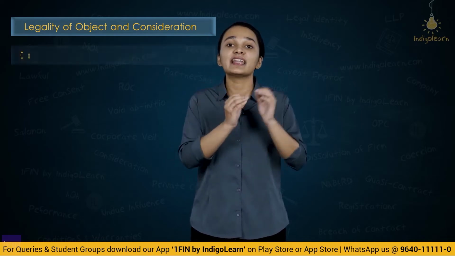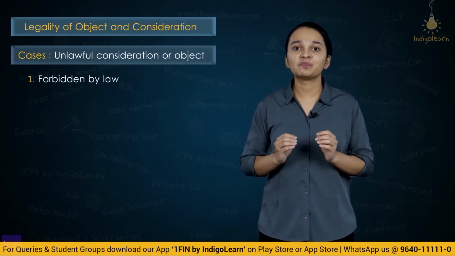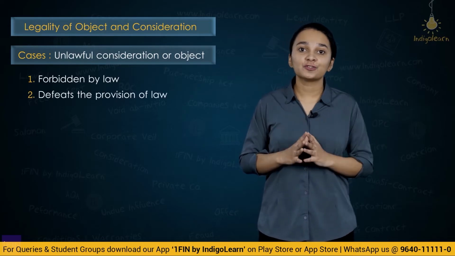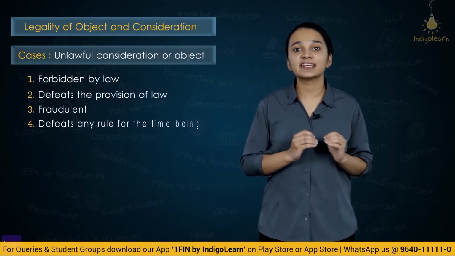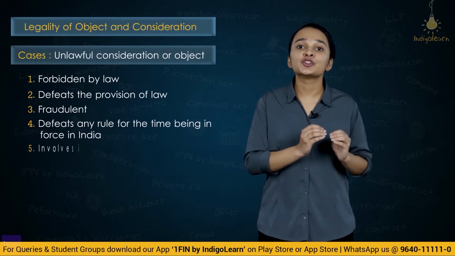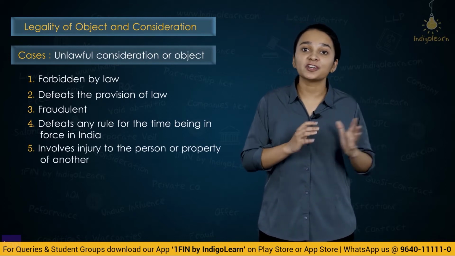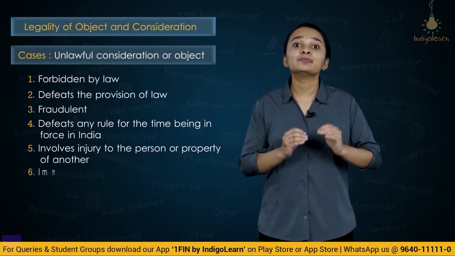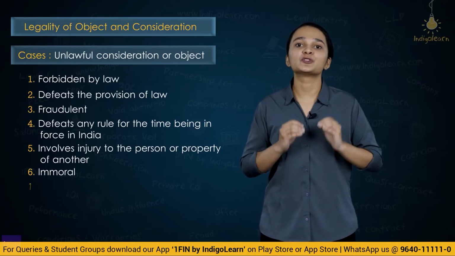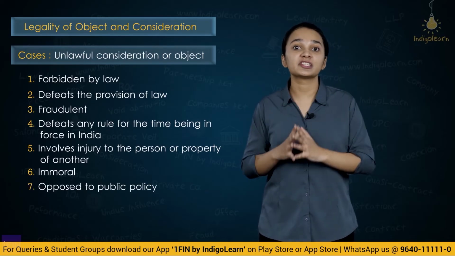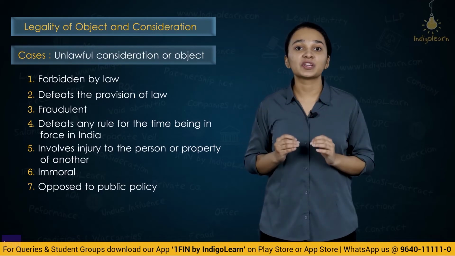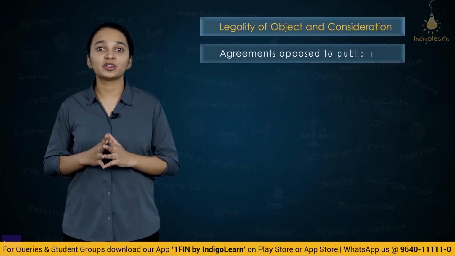After mistake, we have started with the third part, and that was legality of object and consideration. So the object and consideration are lawful unless they are forbidden by law, defeat any provisions of law, are fraudulent in nature, cause injury to a person or property of another person, are immoral in nature, or are opposed to public policy. And in what situations do we say agreements are opposed to public policy?